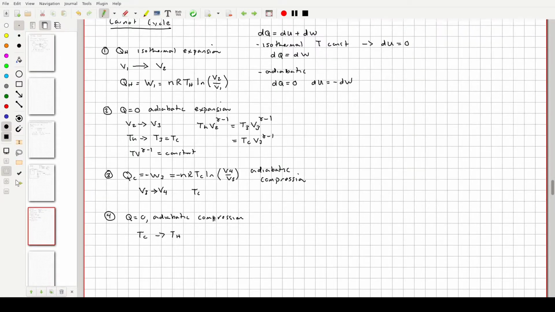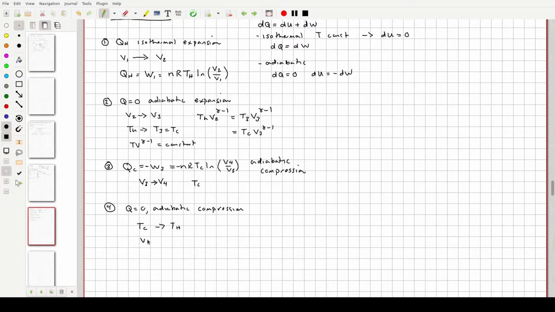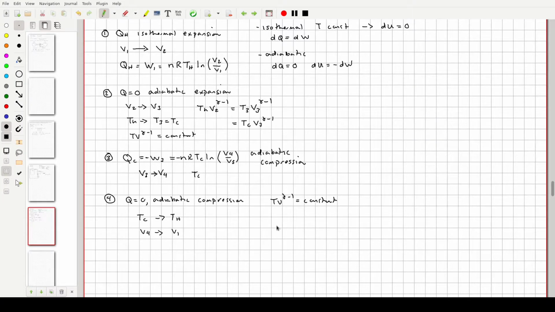We're also going from our new volume V4 back to our original volume V1. So we're taking it back to the original state. So again, if you look at our adiabatic equations and note the fact that TV to the gamma minus 1 is constant, then what that means here is that TC V4 to the gamma minus 1 is equal to TH V1 to the gamma minus 1.